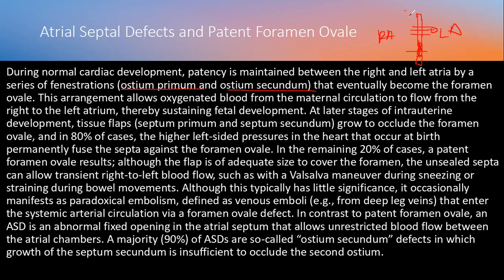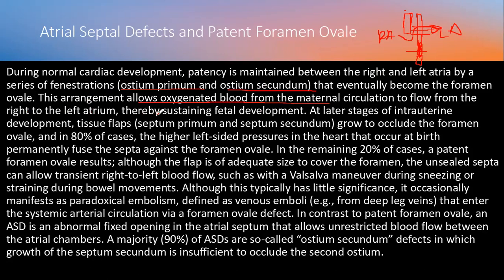Then you have another septum which also grows from the roof of the atrium, known as the septum secundum, and it is usually thicker and to the right of the septum primum. Now this forms an oblique passage, which is what is known as the foramen ovale. This arrangement allows oxygenated blood from the maternal circulation to flow from the right to the left.